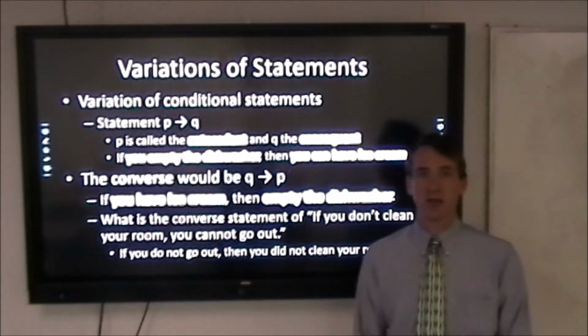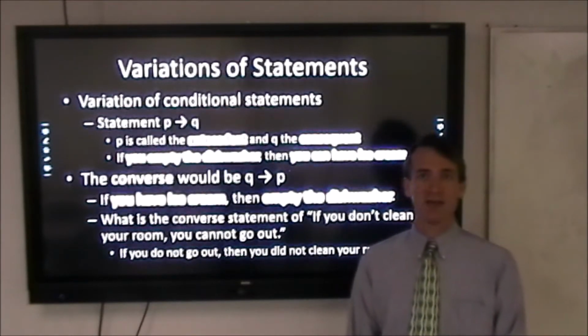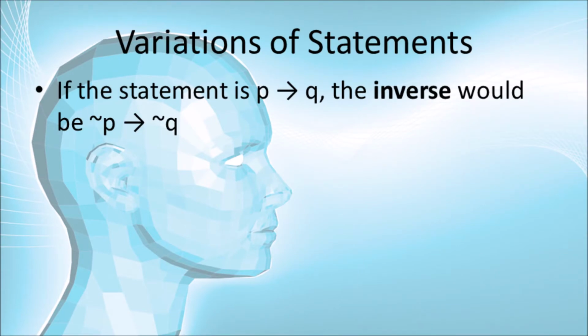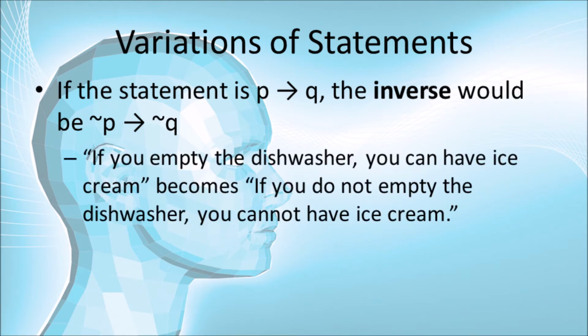The next variation we look at is the inverse statement. The inverse statement is when we take our original statement and we negate both pieces of it. For instance, if P then Q becomes if not P, then not Q. Using our dishwasher example, if you empty the dishwasher you can have ice cream suddenly becomes if you do not empty the dishwasher then you cannot have ice cream.